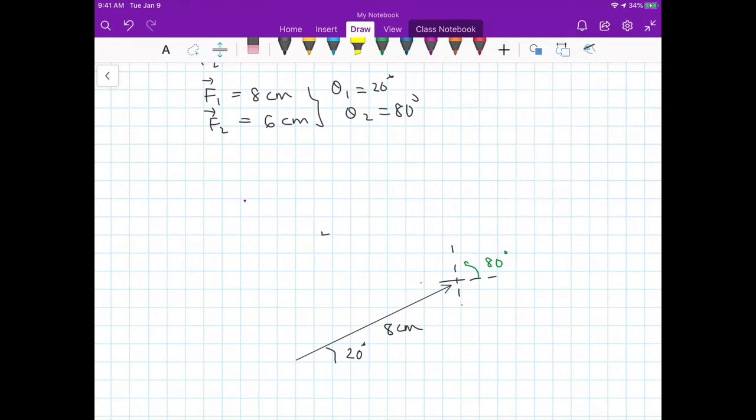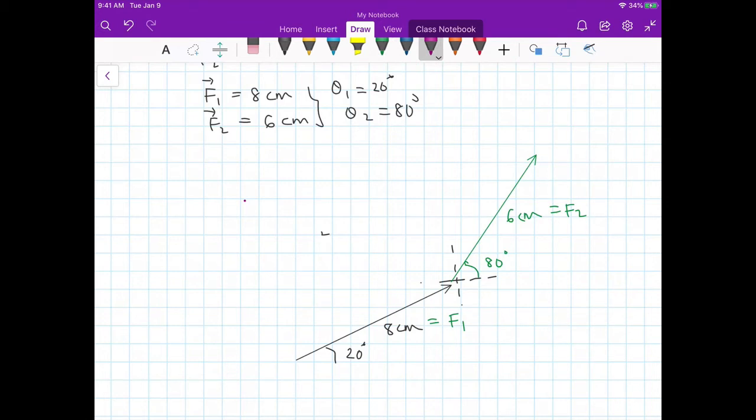It's going to start from here, but it cannot be more than the other one. How many centimeters is this? This is 6 centimeters. This is for F2. This is for F1.